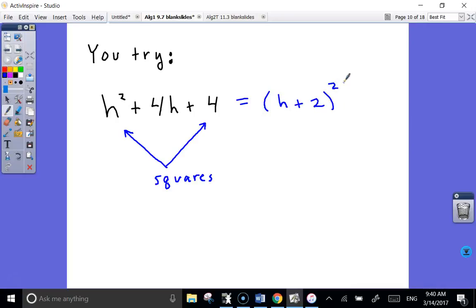So if you're going to use the formula, you say, well, that looks like a perfect square, and that looks like a perfect square, right? That's 2 squared. So maybe this is just x plus 2 squared.